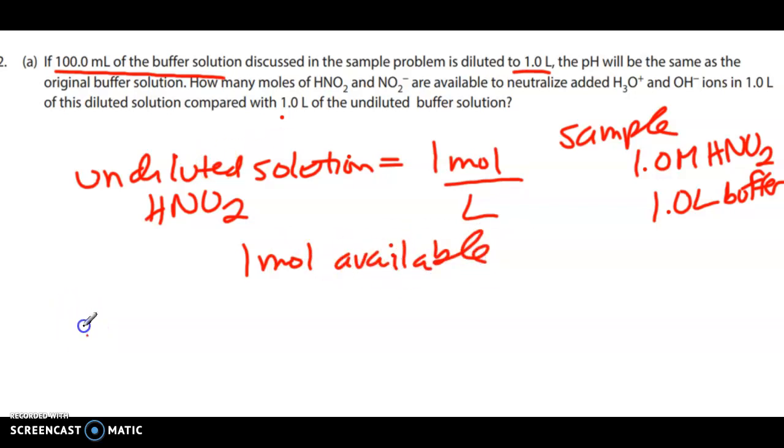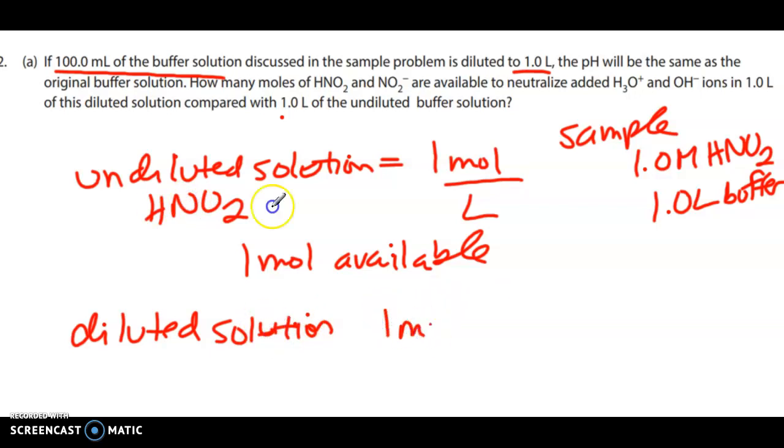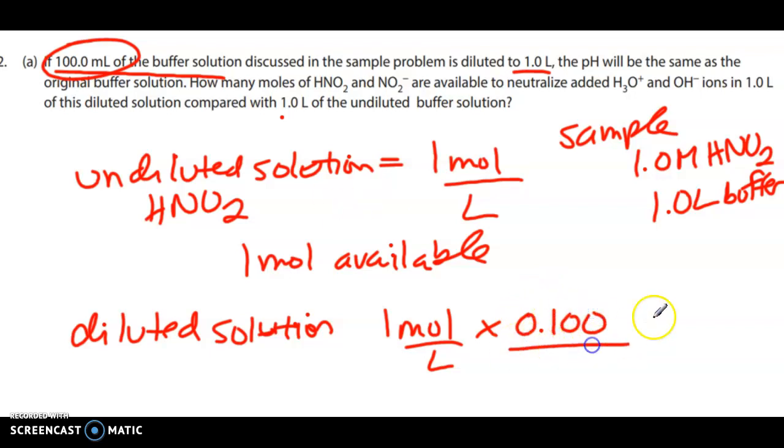Okay, so if you have a diluted version now, we have 1 mole per liter, and we are taking 100 milliliters of it, divided by 1. So I'm just going to put this in liters, right? So we just have our dilution equation.